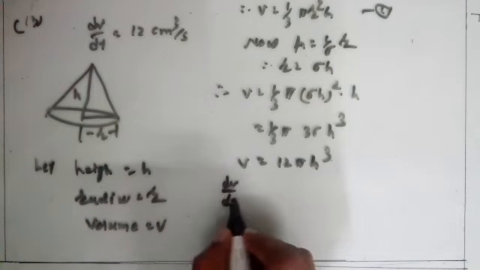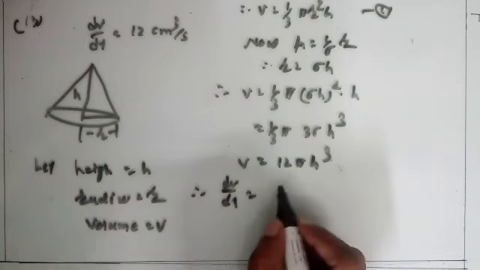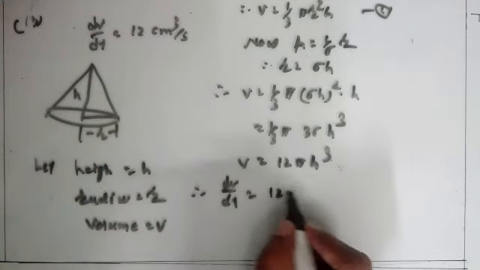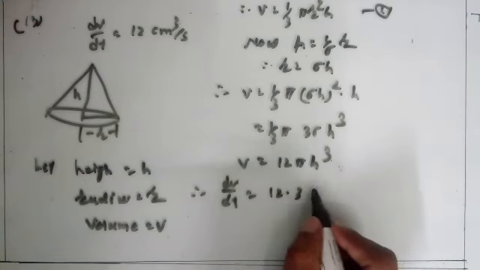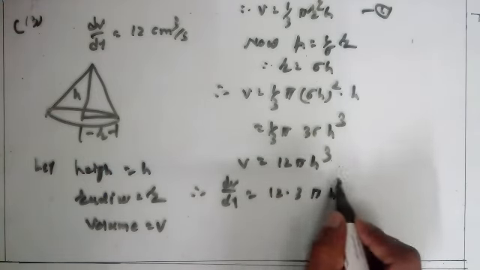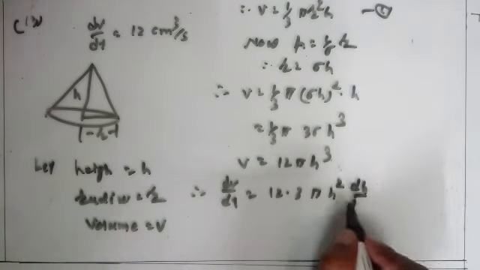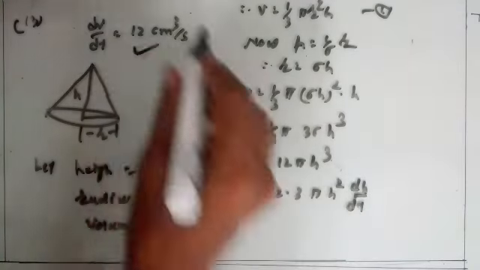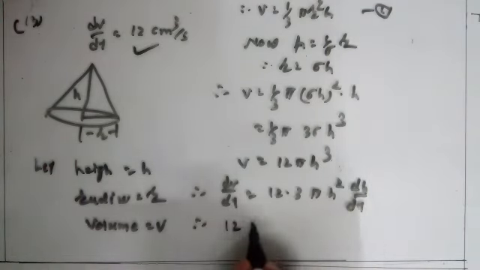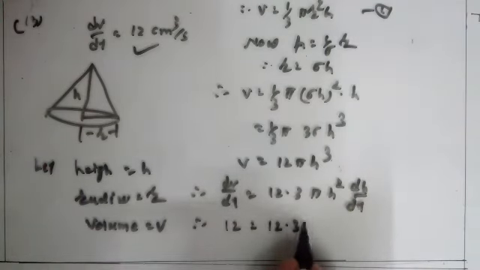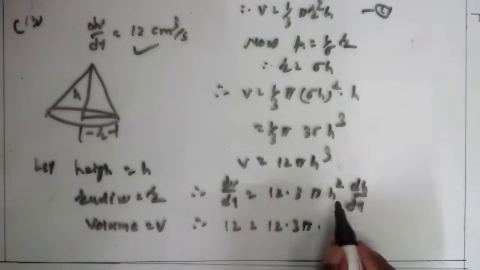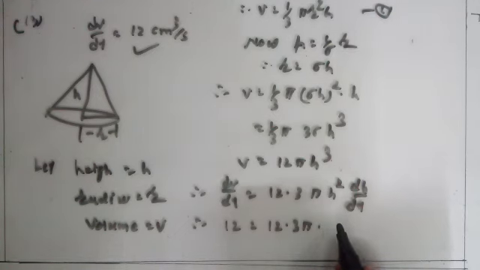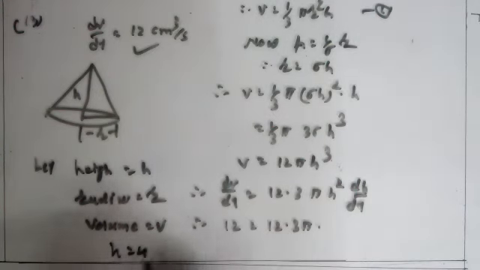Therefore dV/dt, the rate of change of volume, is equal to 12 into 3 into pi h square dh/dt. Therefore dV/dt is equal to, we know, 12 cm cube per second. So 12 into 3 into pi into h square, where the height of the cone is equal to 4 given.